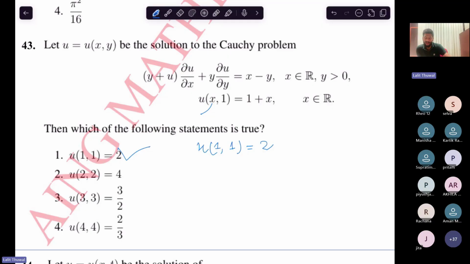You should have practice. First you have to see the initial conditions. You have to check whether you need to make the calculations, or whether you can do this without calculation. That will save your time. You have to avoid heavy calculation in the exam, because if you have more time, you will be able to attempt more questions, and your score will be good, and you have to be accurate.